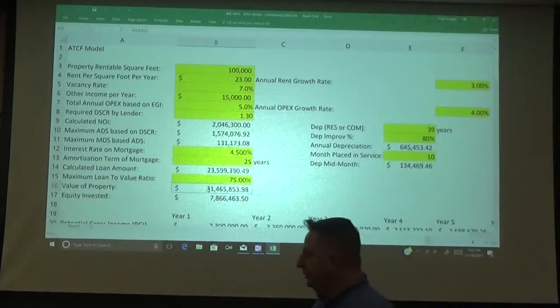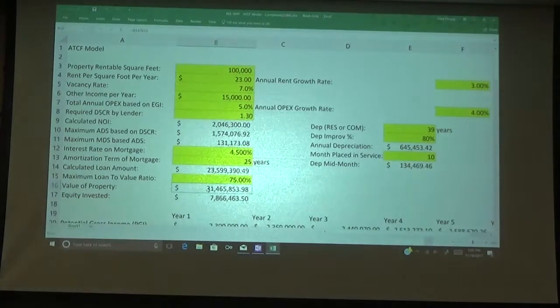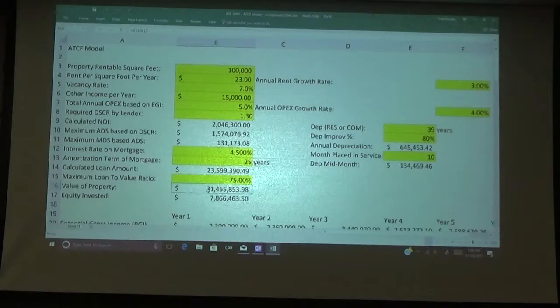So what we would do is take this number, our annual number, and divide it by 12 to get a monthly number. And we get 53,787.78 as our monthly depreciation.